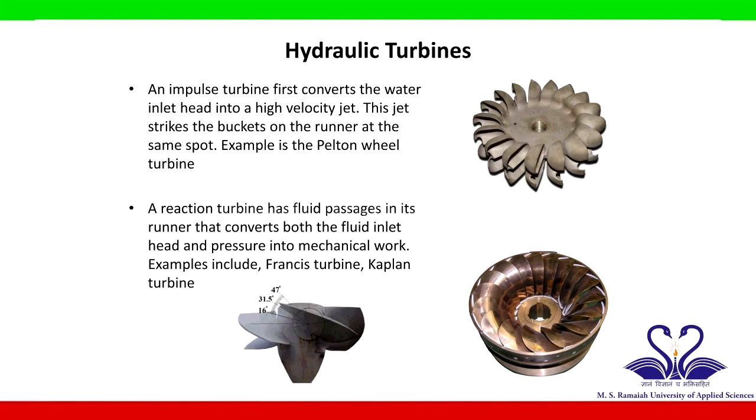A reaction turbine has fluid passages in its runner that convert both the fluid inlet head and pressure into mechanical work. Examples include Francis turbine and Kaplan turbine. In a reaction turbine, the pressure decreases as the water passes from the inlet section through the turbine and at the exit of turbine.